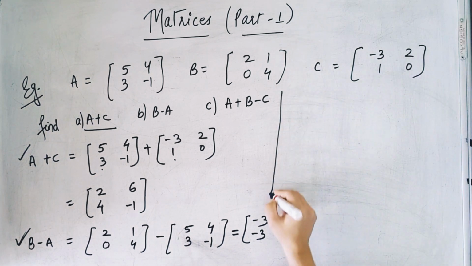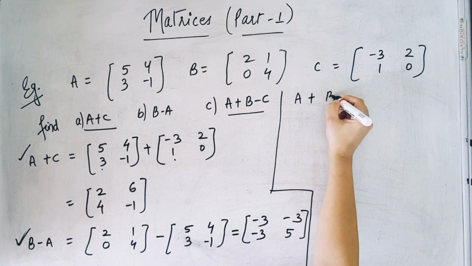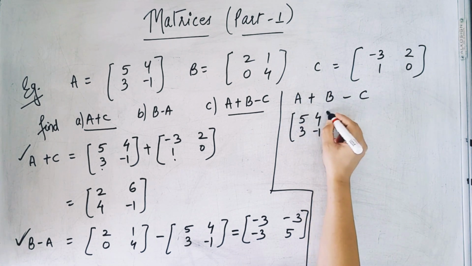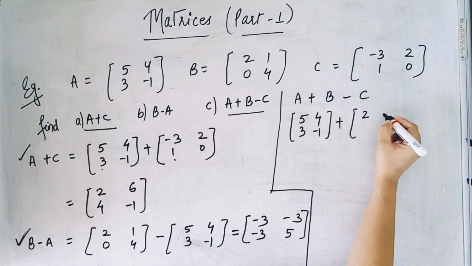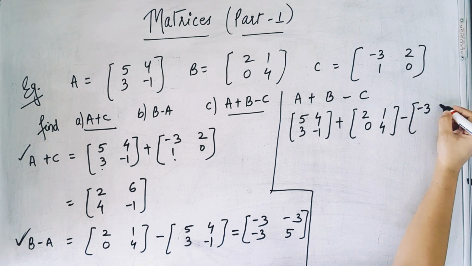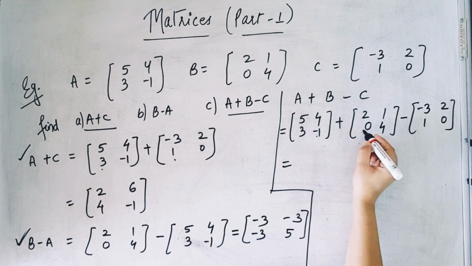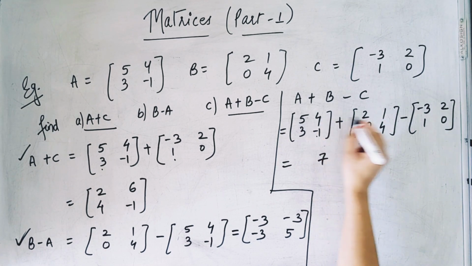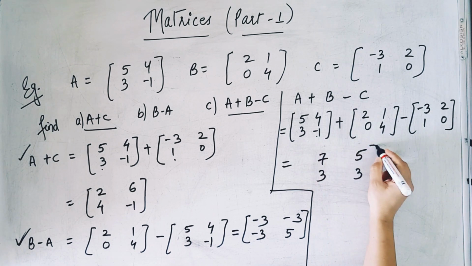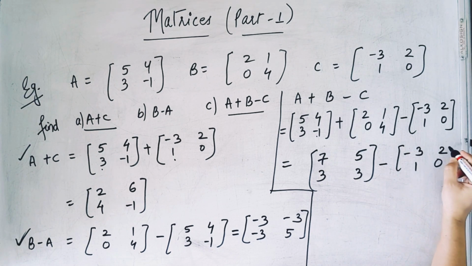Now the question also comes with addition and subtraction in one. So A plus B minus C. A is 5 4 3 minus 1. B is 2 1 0 4, minus C matrix, minus 3 2 1 0. So first of all we'll add these two matrices. 5 plus 2 is 7, 4 plus 1 is 5, 3 plus 0 is 3, minus 1 plus 4 is 3, minus the matrix minus 3 2 1 0.